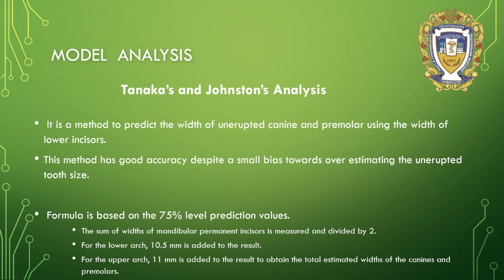Next analysis, Tanaka's and Johnston's analysis. It is a method to predict the width of unerupted canine and premolar using the width of lower incisors. This method has good accuracy despite a small bias towards overestimating the unerupted tooth size.